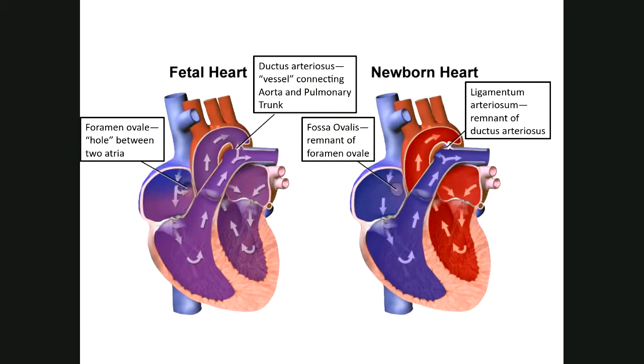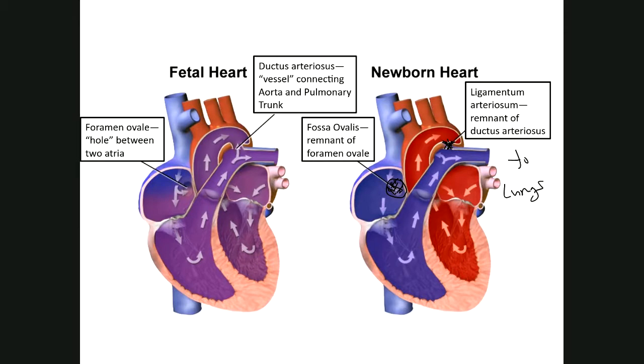And we can see it on an adult heart. So there's connective tissue right here. And there's connective tissue right here that we can actually see. But remember, the hole is closed now. So the blood goes to the lungs like we want it to.